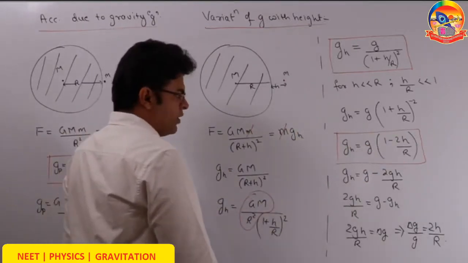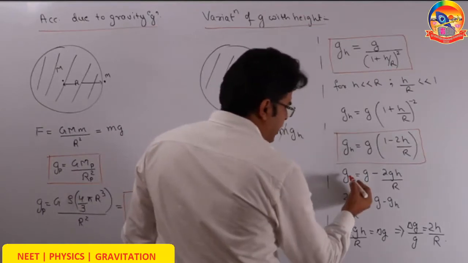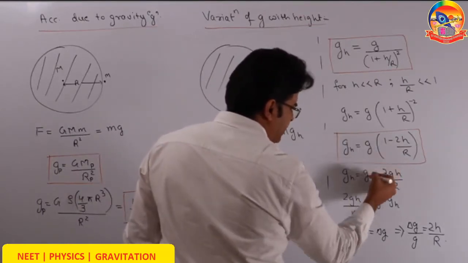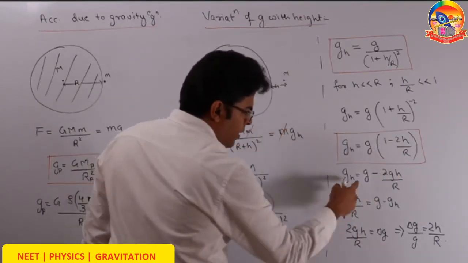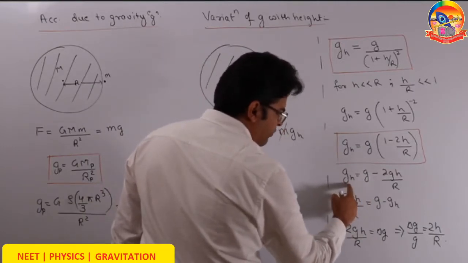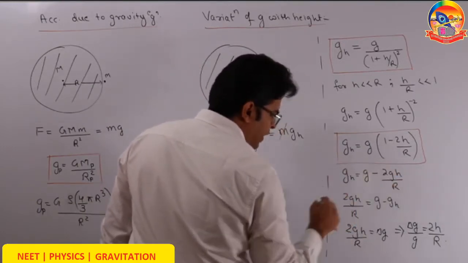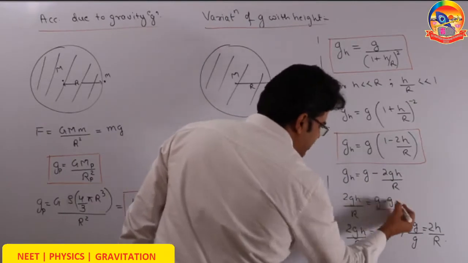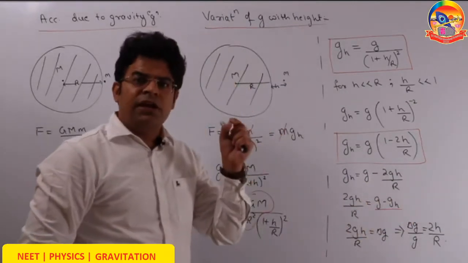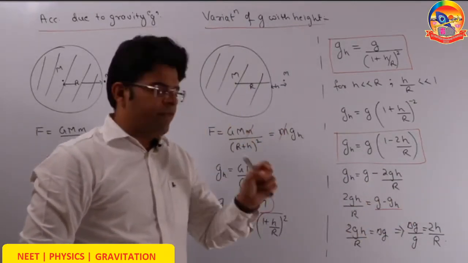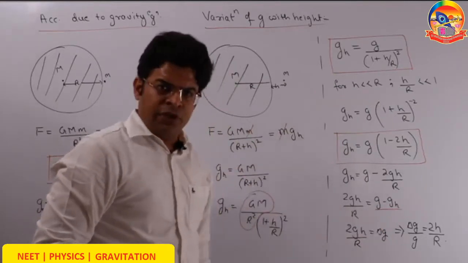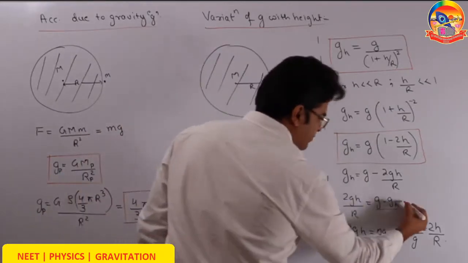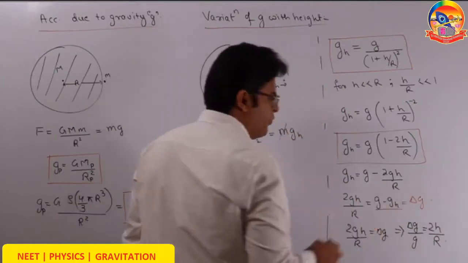Now kids, furthermore, we can multiply this by g. Now, bring this acceleration due to gravity at height h to the right and this quantity to the left. This quantity g minus g_h is nothing but the difference in the acceleration due to gravity on the surface and at height h. We can write this as delta g, the change in acceleration due to gravity.